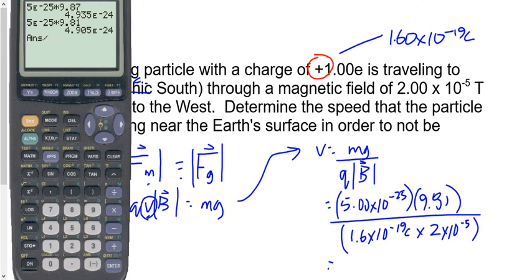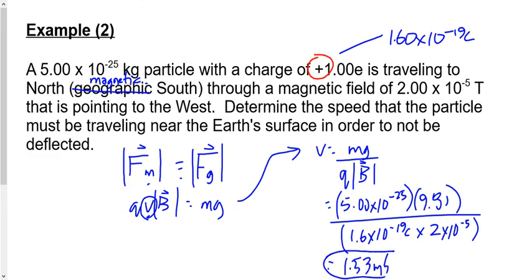Let's divide that by, brackets on the bottom, 1.6 times 10 to the minus 19 times 2 times 10 to the minus 5. 1.53. That's pretty slow.